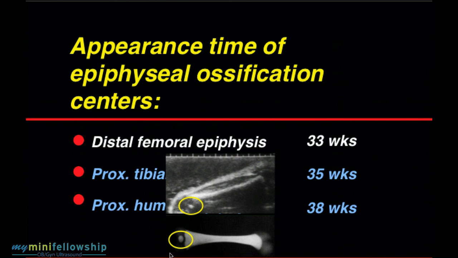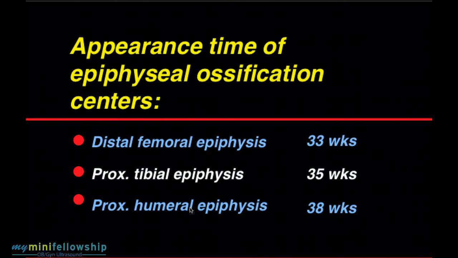Another thing that you can do is to actually measure the diameter of the distal femoral epiphysis. If it is 8 millimeters or more, you may reasonably assume that the patient is near or at term. The proximal tibial epiphyseal ossification center appears at around 35 weeks. Again, that's more definitive in a male fetus than it is in a female fetus, but it's a good starting point.